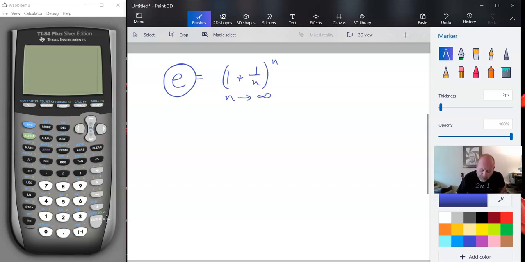So we're going to be using this as our base today. We're going to be talking about a few different things, but they are going to be in the context of this number e.